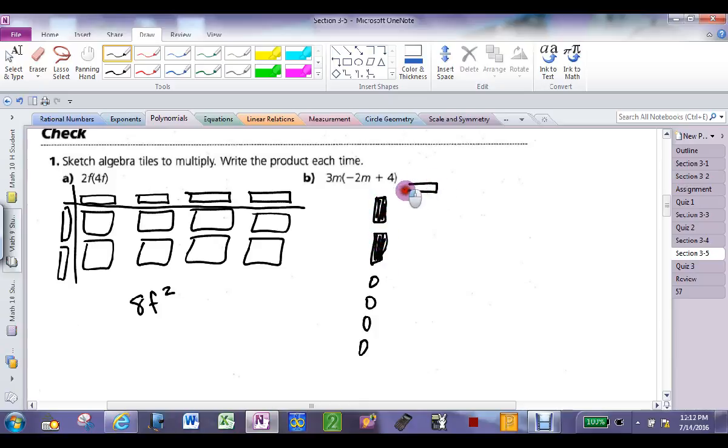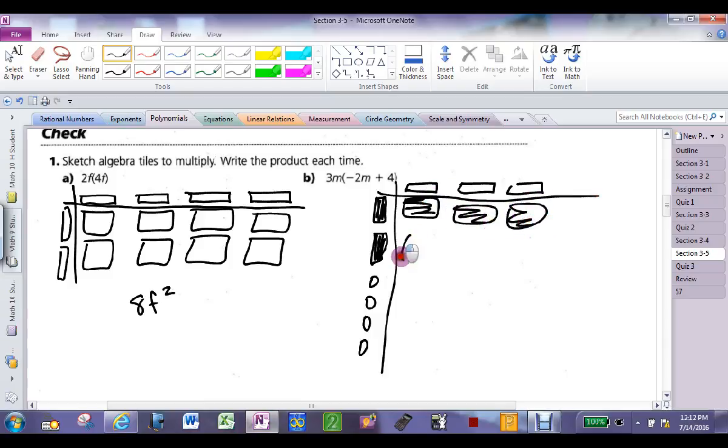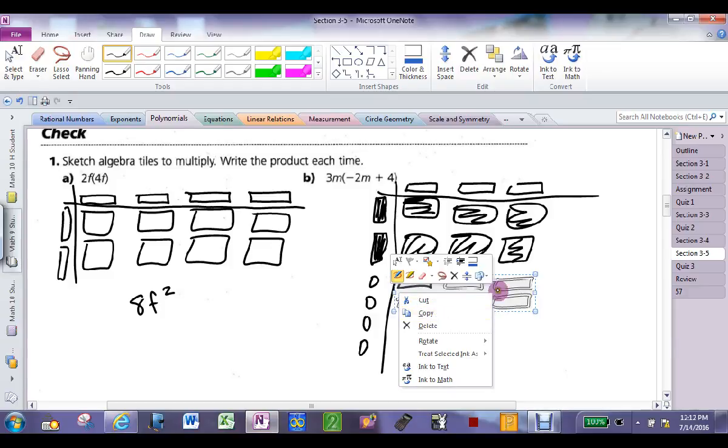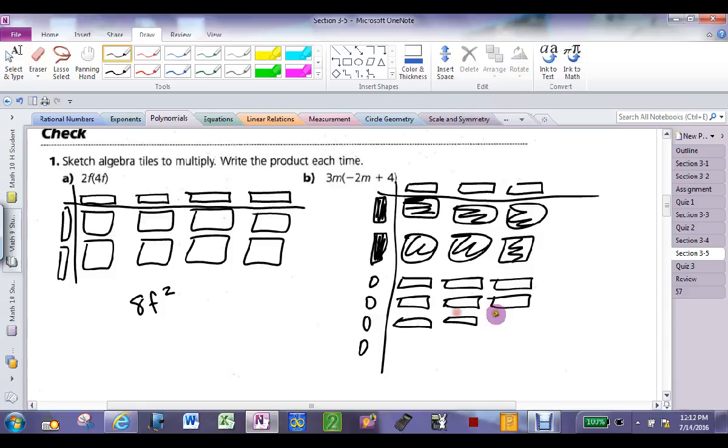Negative 6m squared plus 12. Is everybody good?